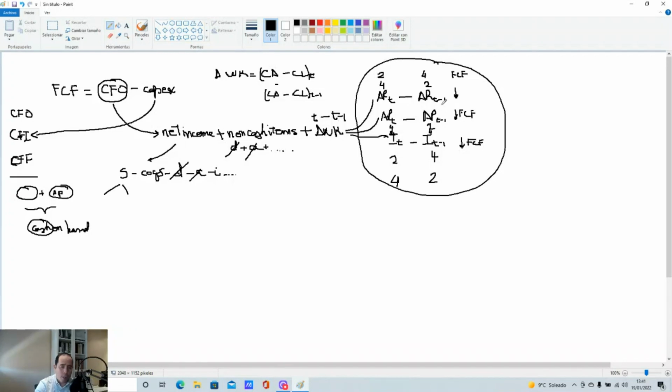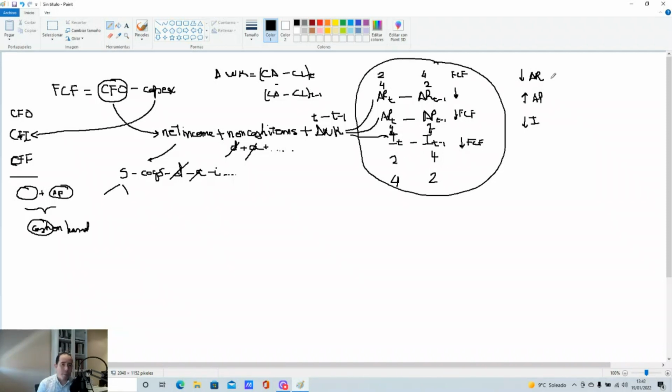Now, in order for us to understand how the moat and the competitive advantages could influence these terms, we could imagine that the best scenario could be one in which the company is holding lower levels of account receivable, higher levels of accounts payables, and lower levels of inventories. Okay.